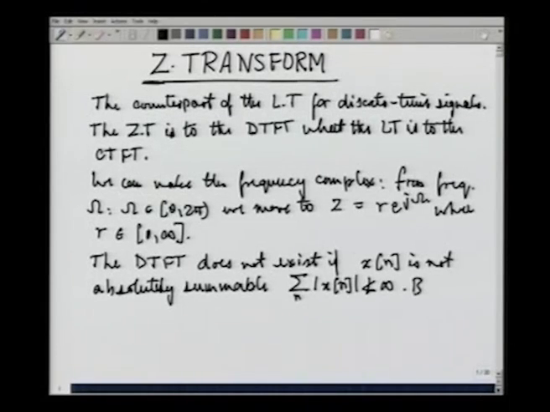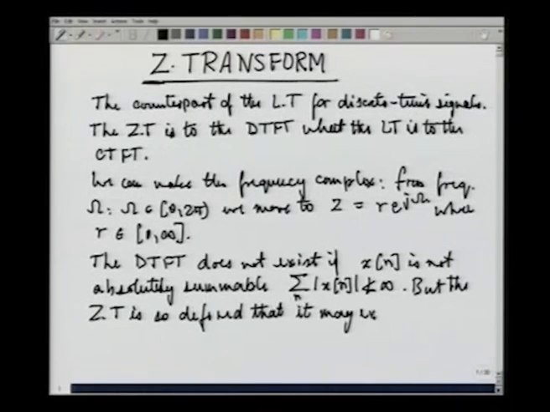But the Z transform is so defined that it may exist even for such a signal.